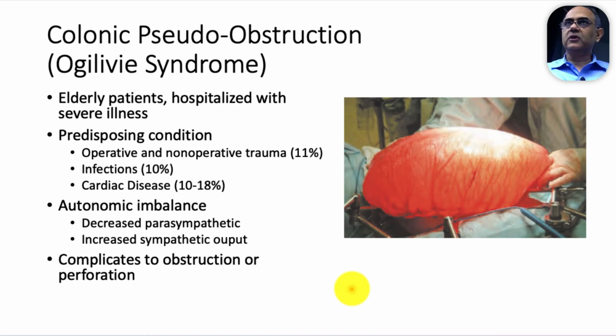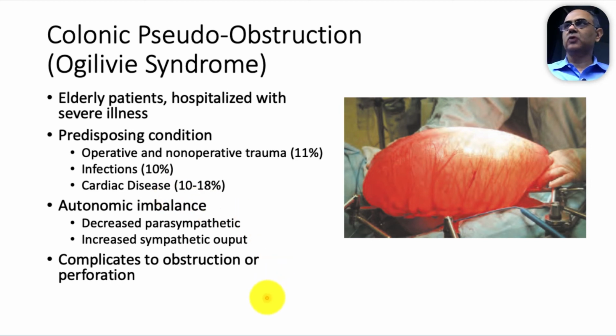All the features of this obstruction will be the same as of any large bowel obstruction, any mechanical bowel obstruction. The problem with this obstruction is that it is very difficult to diagnose preoperatively. The only way you can diagnose is by excluding the mechanical causes. Other things like the patient is very sick, he is in ICU, he is of very old age, he has some stress, some operative response or some infective elements and other morbid conditions can only give you a clue.